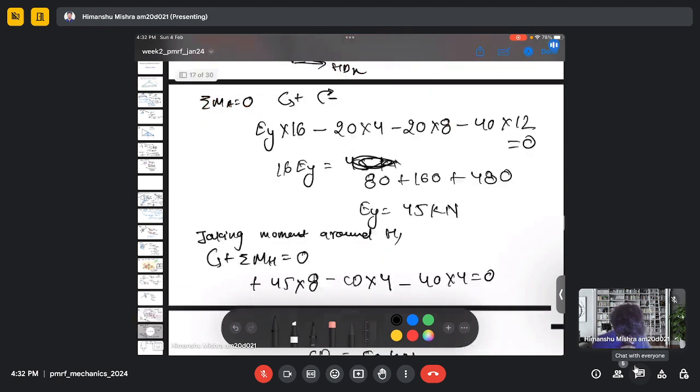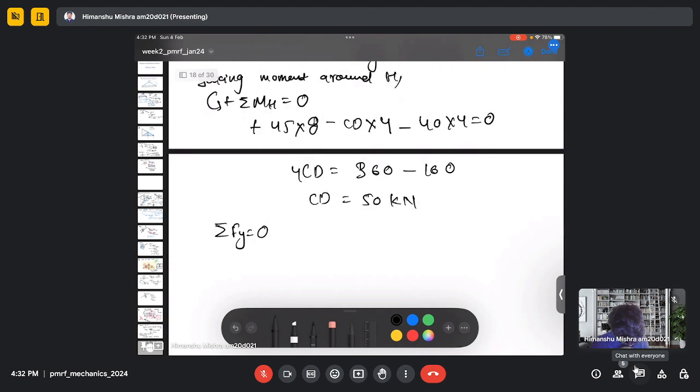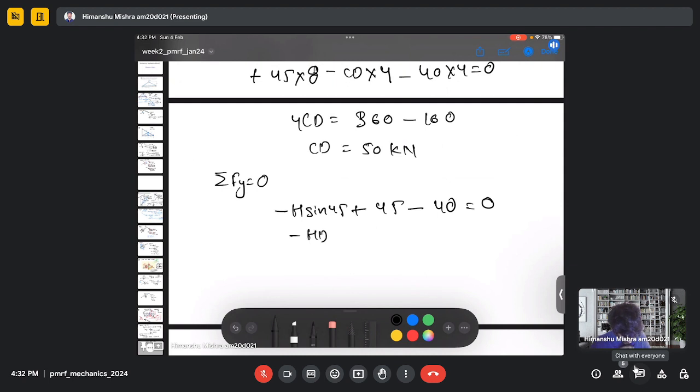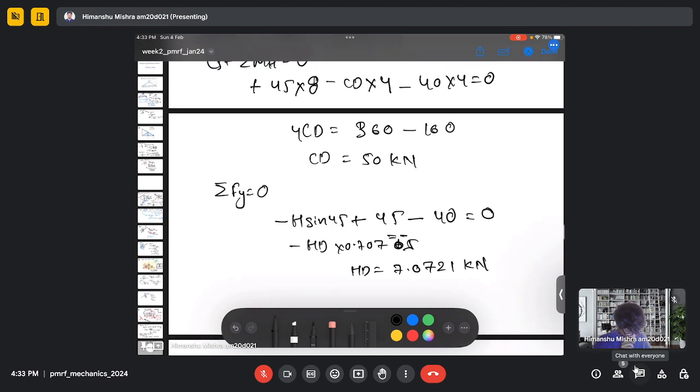It will be sine 45, plus 45 minus 40 equal to 0. So my HD times 0.707 plus 5 equals minus 5, then HD will be 7.071 kilonewton. So this is my HD and this is my CD.